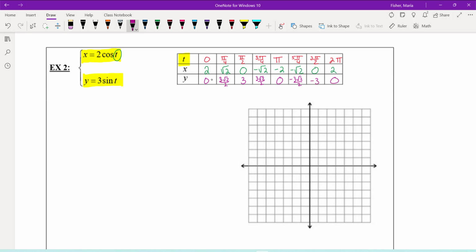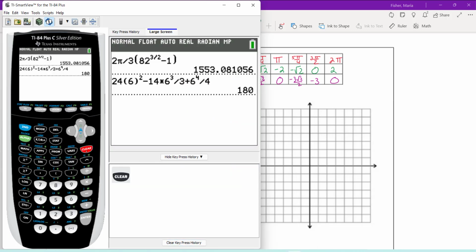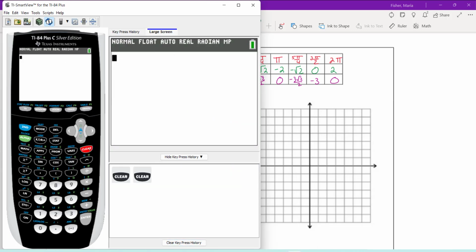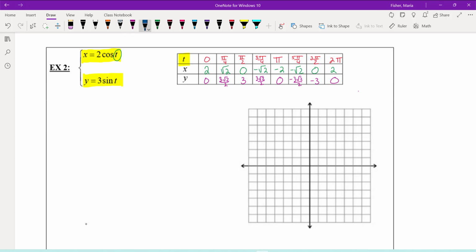So now we're going to have to graph this. Notice that we have the square root of 2 and 3 square root of 2 over 2. Let's figure out what those numbers are real quick on a calculator so we can graph this a little easier. The square root of 2 is approximately 1.4, so we're going to use 1.4 when we're graphing the square root of 2.